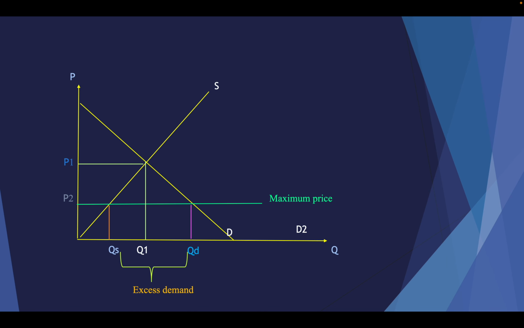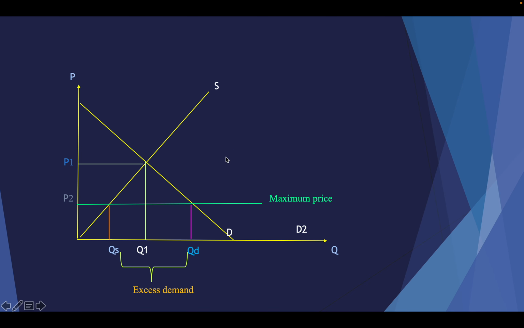As an example, eggs are priced at 60 rupees, but the government says the prices are high, so consumers cannot afford, so they impose the price as 40 rupees, that is the maximum price. So the equilibrium price is 60, but the maximum price is 40.